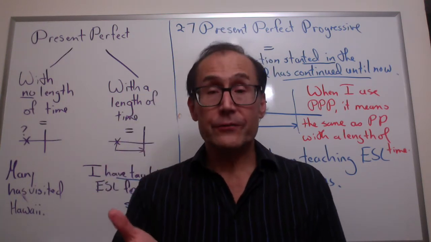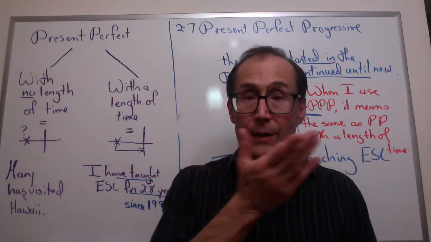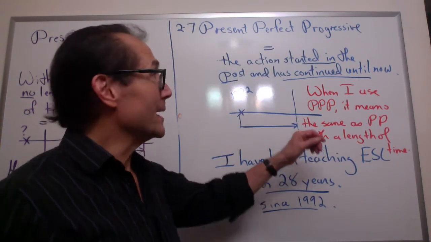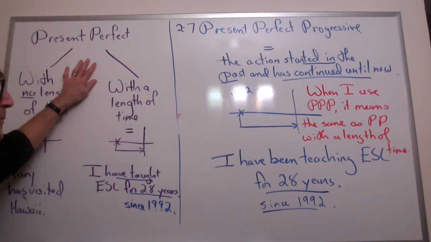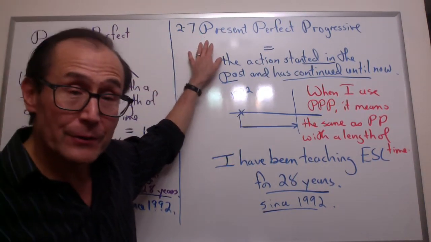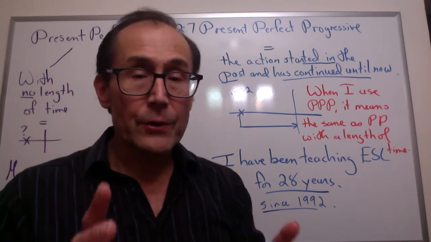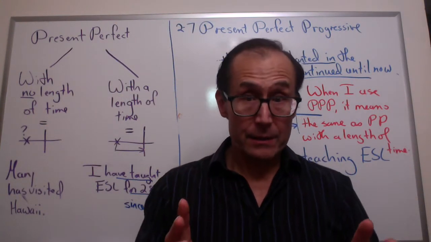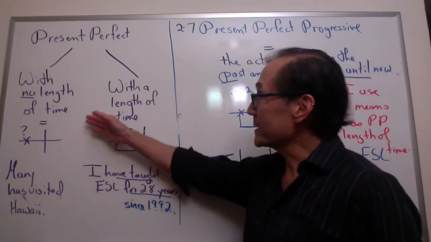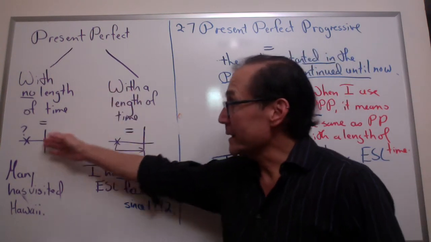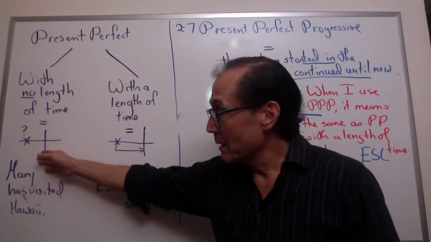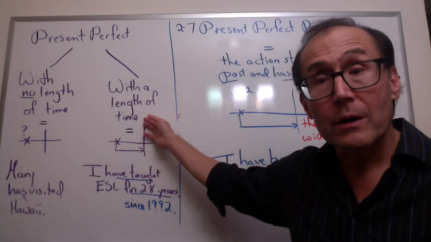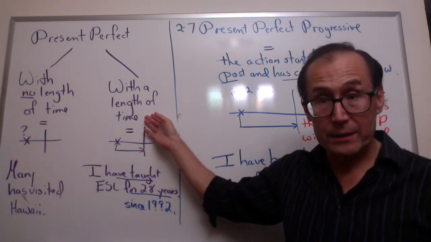the main difference between present perfect, it's hard to do this when I'm looking into the camera. The main difference between present perfect and present perfect progressive is that present perfect changes its meaning. When I use present perfect with no length of time, it means something very different from using present perfect with a length of time.